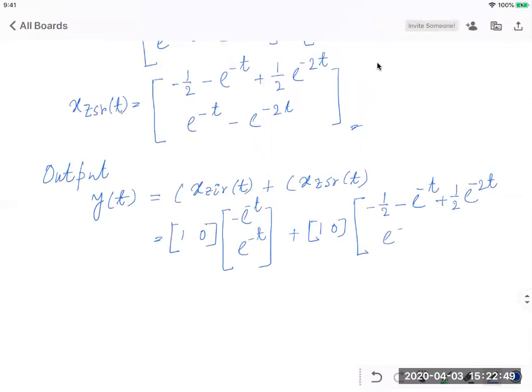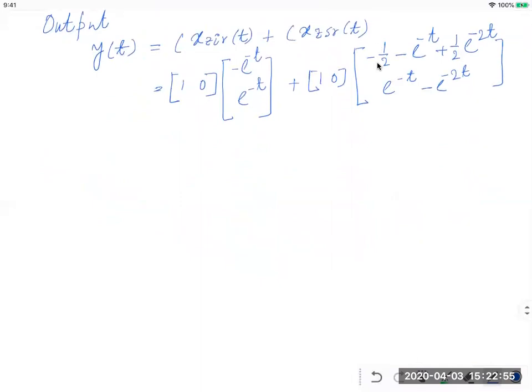The second element is e to the power minus t minus e to the power minus 2t. So from here we will get e to the power minus t plus minus half minus e to the power minus t plus half e to the power minus 2t.